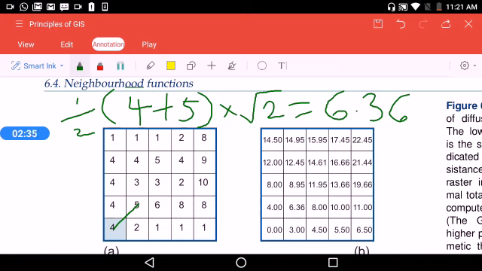Now when we compare these three paths: the first goes from the current cell to the north and then to the east, the second goes to the east and then to the north, and the third goes directly to the northeast. The first path has a resistance of 8.5, the second path has a resistance of 6.5, and the third path has a resistance of 6.36.